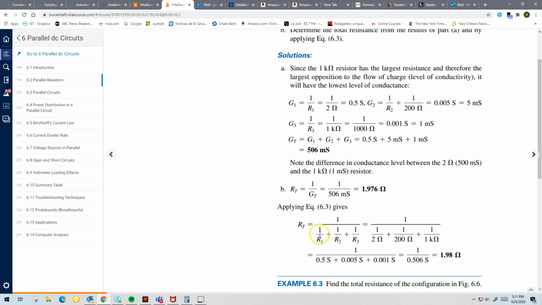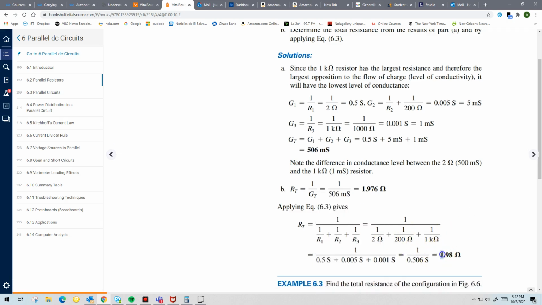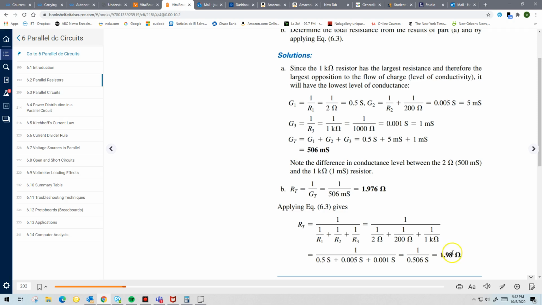But remember, we can also use this equation that we know. We take the reciprocal of the individual resistances, 1 over 2, 1 over 200, 1 over 1K, which gives us this result. And then we take the reciprocal of that result, which gives us, again, the total resistance, which again is to two decimal places the same result.